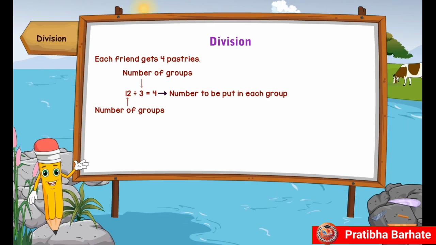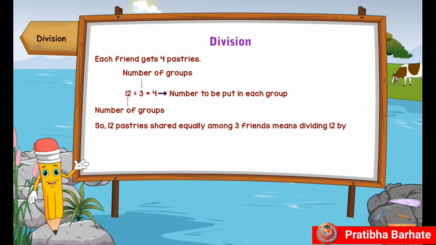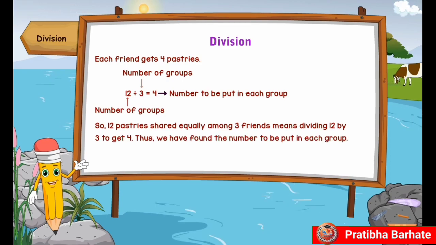And 4 is the number to be put in each group. 12 divided by 3 is equal to 4. So, 12 pastries shared equally among 3 friends means dividing 12 by 3 to get 4. Thus, we have found the number to be put in each group.